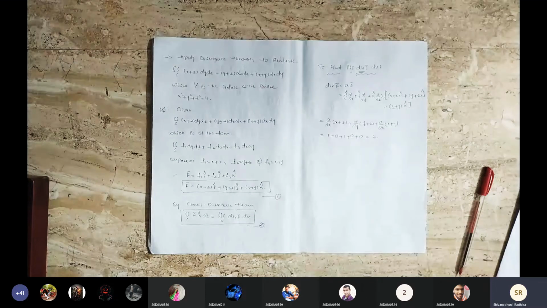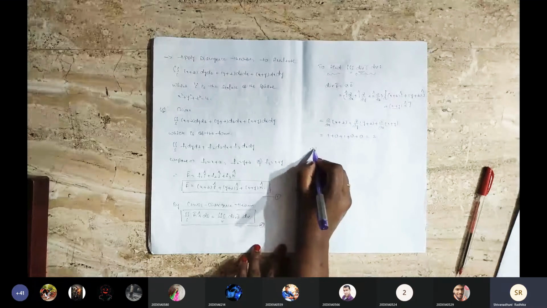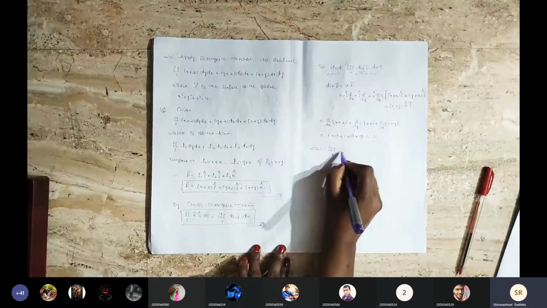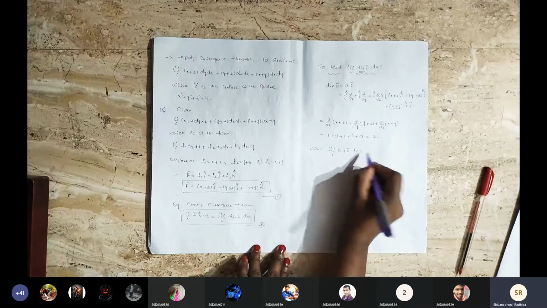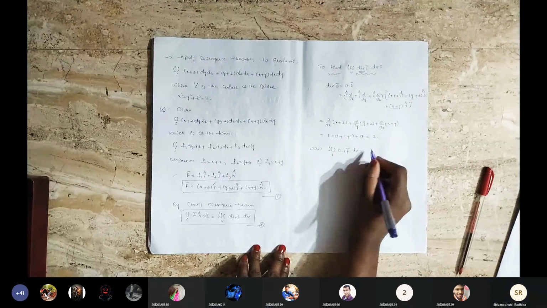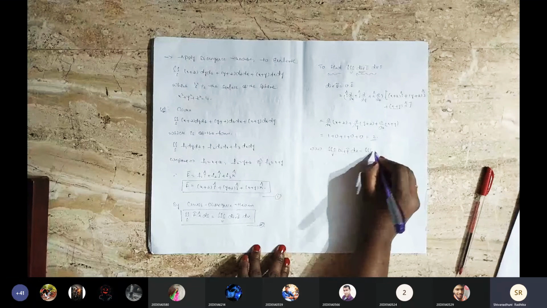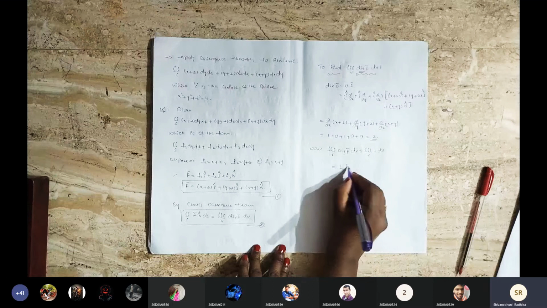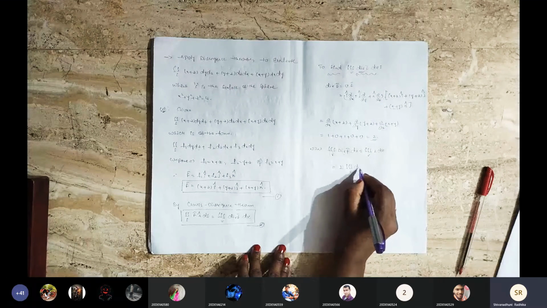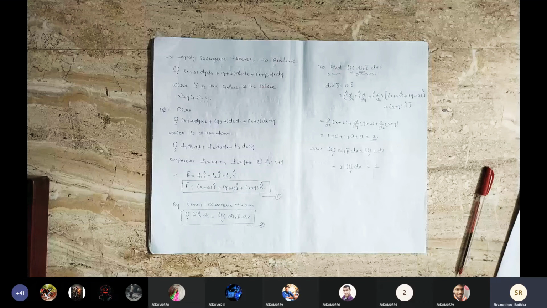1 plus 1, 2. Now substitute this divergence in the given triple integration over V of divergence F bar dV, which equals the triple integration over V of 2 dV. If we take the 2 outside, we get triple integration over V of dV. What is the solution of this triple integration?